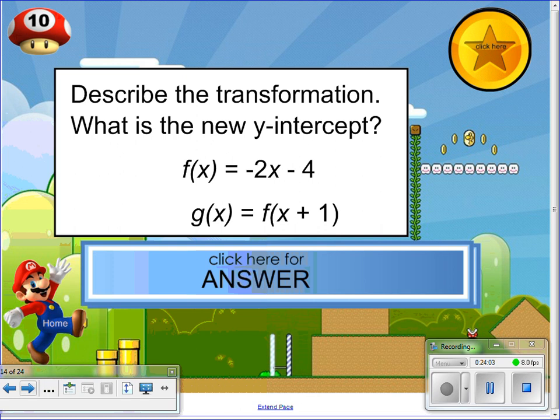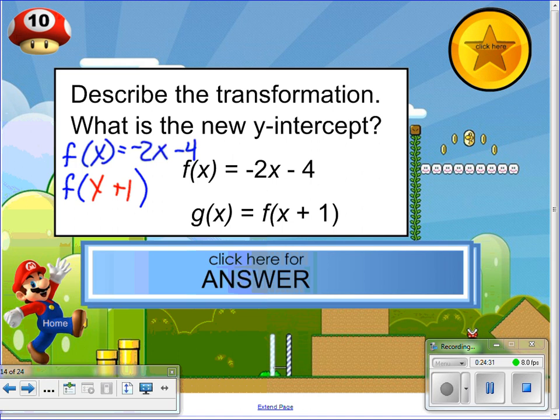Now let's take what we have here. So we have f of x. We're going to get our new equation because we want to describe what the new y-intercept is. Let us evaluate. So f of x is being changed so that it becomes f of x plus 1.